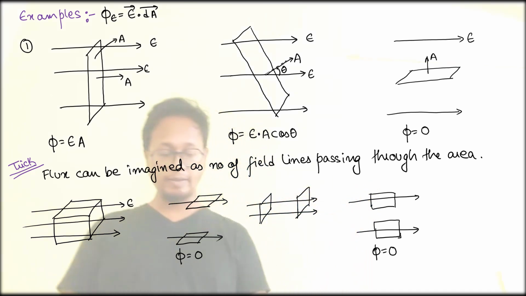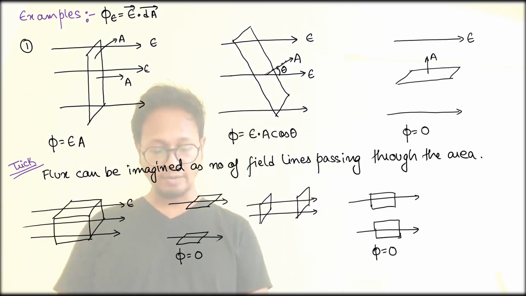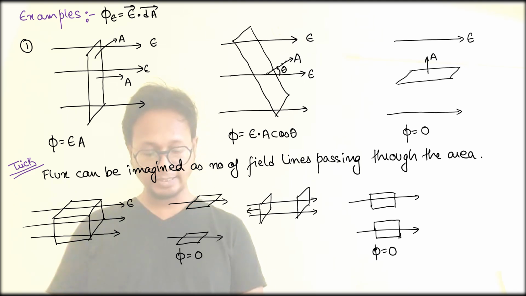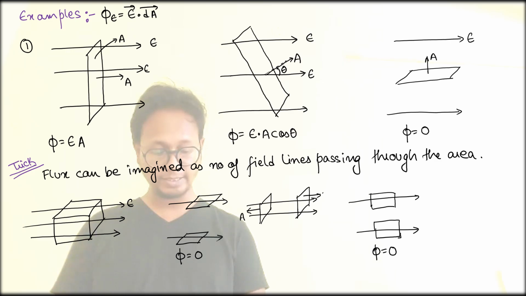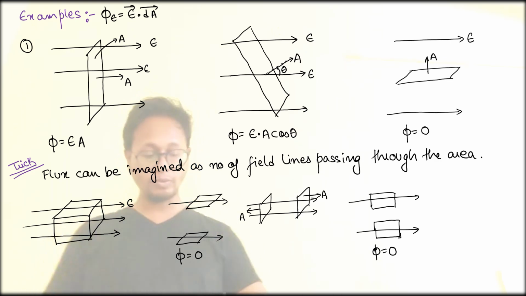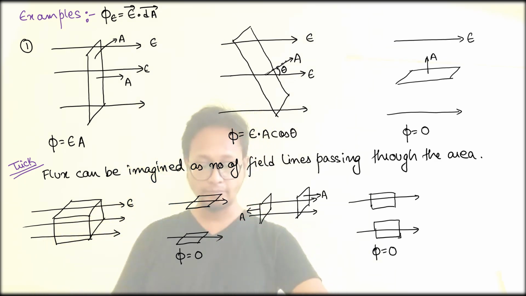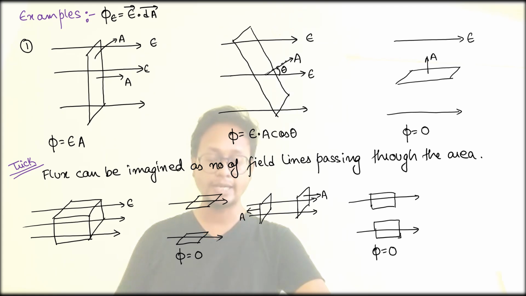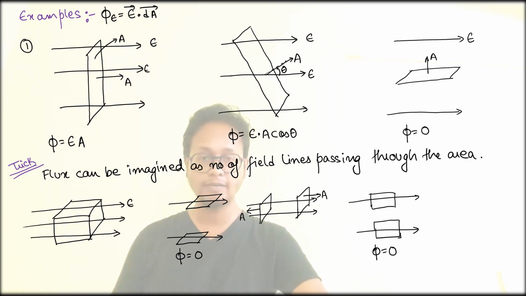Okay. For this surface out here, the area vector is in this direction. For this surface, the area vector is in this direction. Note out here, the magnitude of area of the right hand side is equal to the magnitude of area of the left hand side.